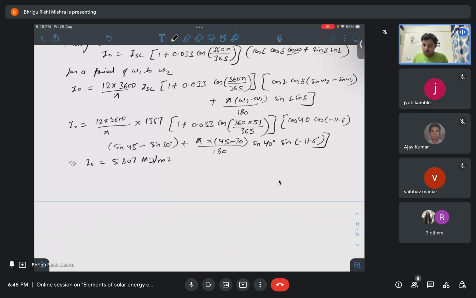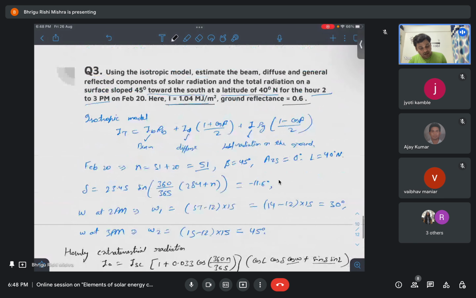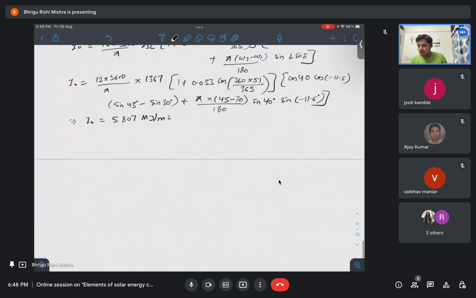Okay, now since I have this extraterrestrial radiation, and I also know the total radiation coming to the surface, which is given as 1.04 megajoule per meter square. So I can calculate the clearness index, which is an important quantity to calculate the diffuse radiation.